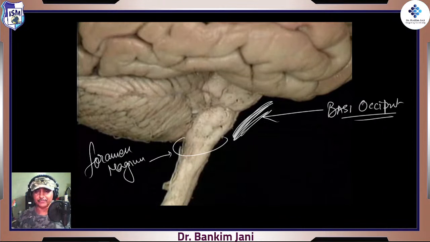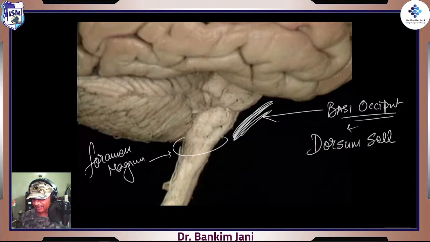So not at all difficult, right? And then that occiput was taking an upward turn, right? It was going up, and then there was another structure called the dorsum sellae, right? Dorsum sellae, that Turkish, right? So sella turcica and then the dorsum sellae, right?